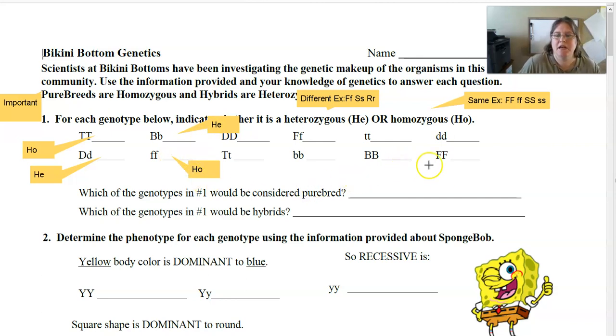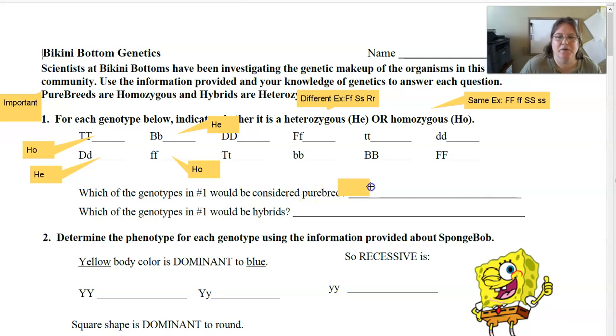Okay, so now you've got to go back and say, which of these genotypes, because that's what these two letters are, a genotype, is considered a purebred? Well, let's go back up at the top, it says purebreds are homozygous. So now you're going to look at which ones were homozygous.